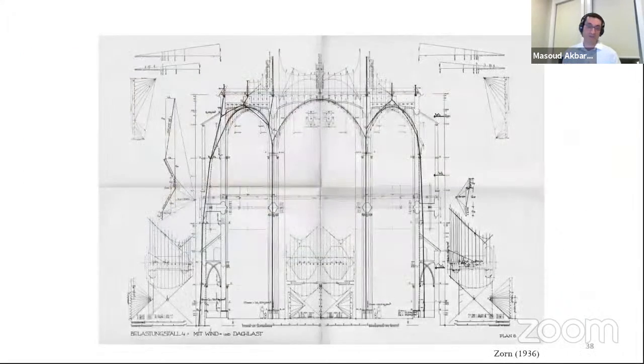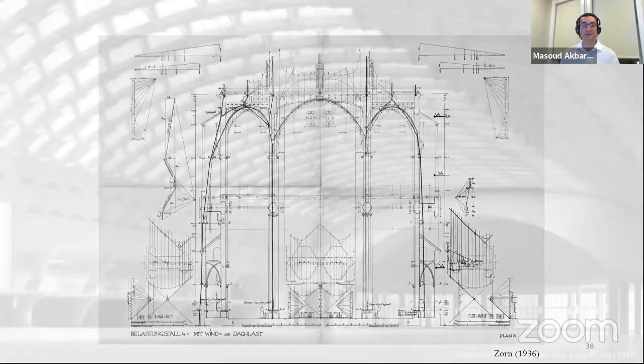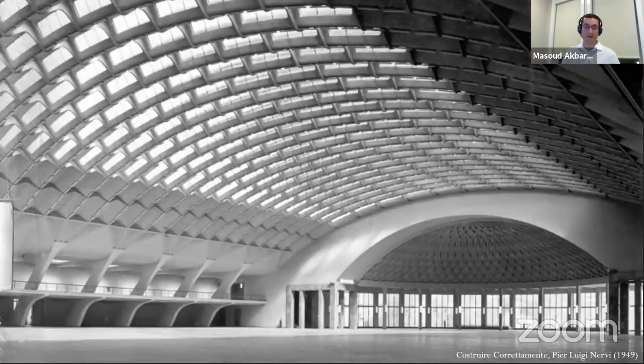So it is impossible, through the history of construction, especially stone construction, to visit that history and not find traces of graphic statics being used in the design and construction of these buildings. If you move a little further to our contemporary practice of engineering, probably many of you have heard the name of Pier Luigi Nervi.